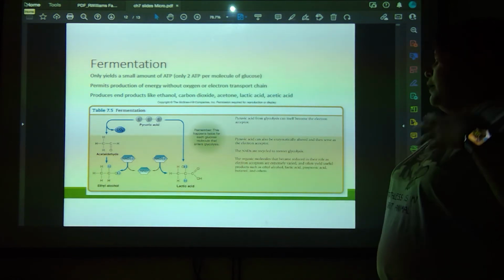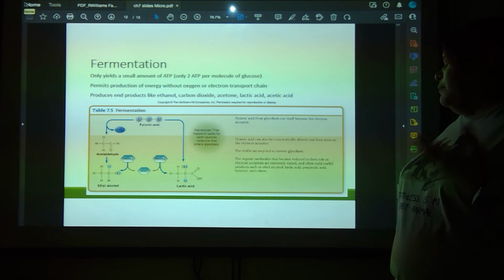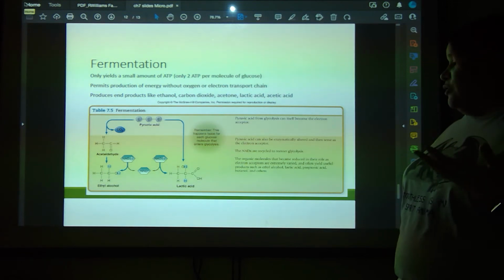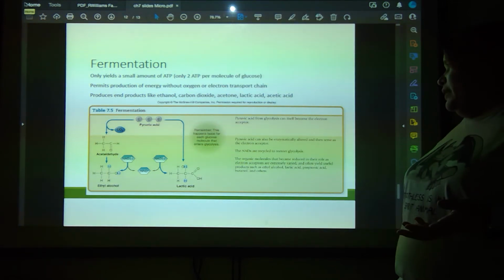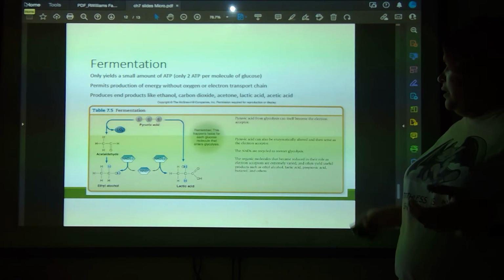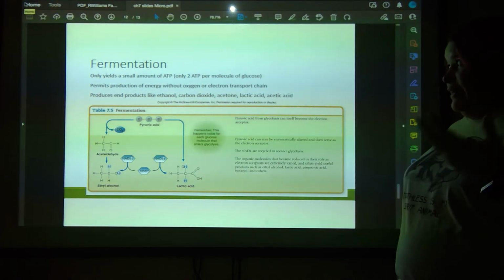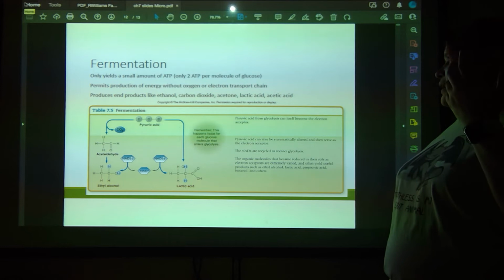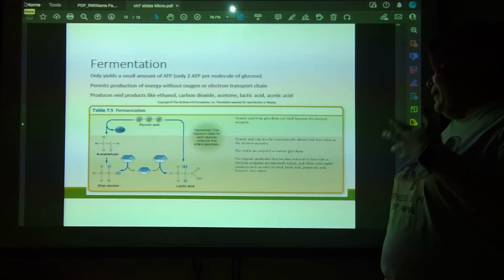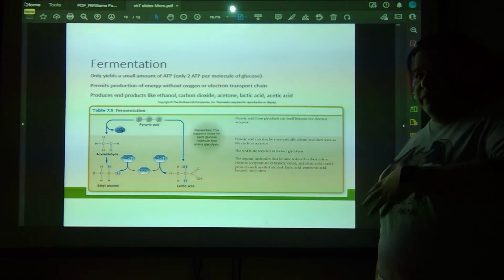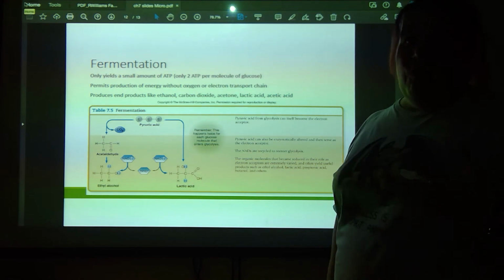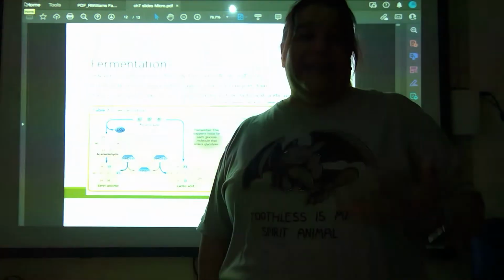The organic molecules that become reduced in their role as an electron acceptor are extremely varied. Look at this list. They can be, again, ethanol, carbon dioxide, acetone, propionic acid, butanol. There's a long list of what these things can get converted into.